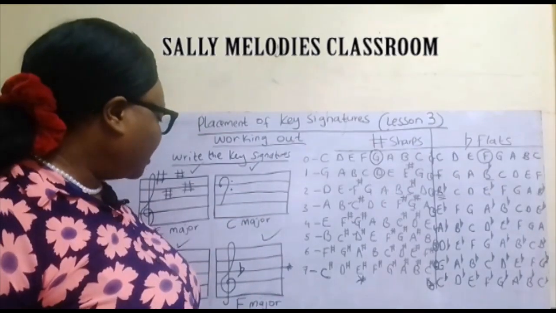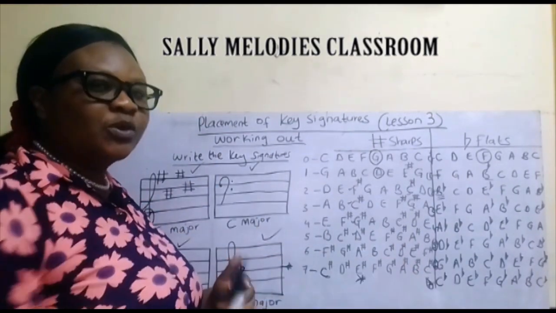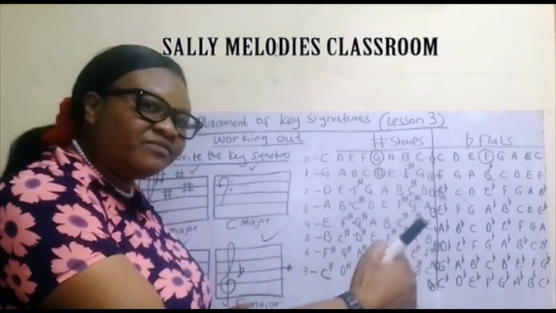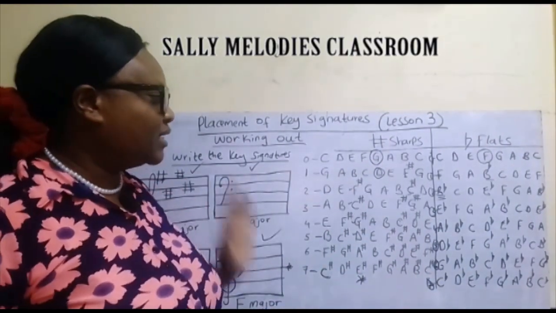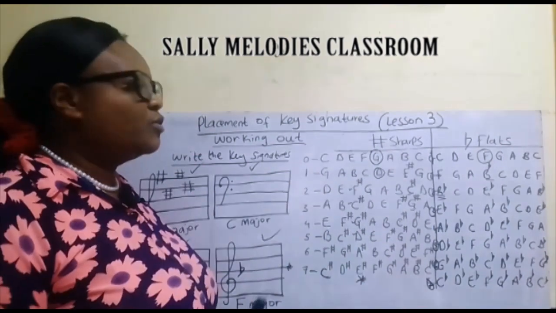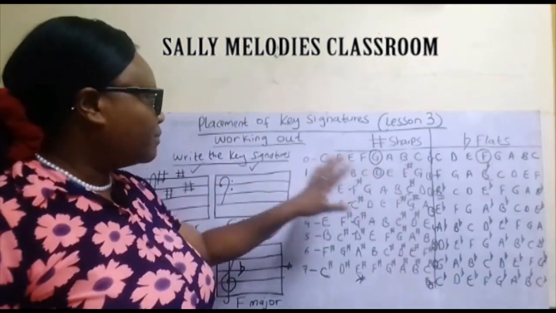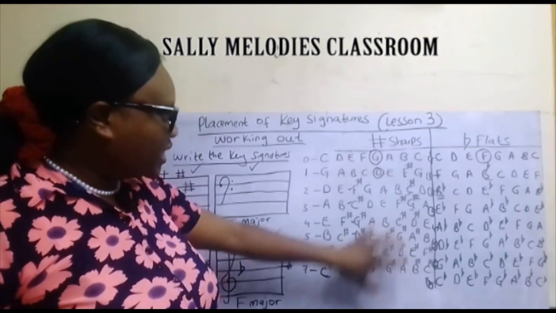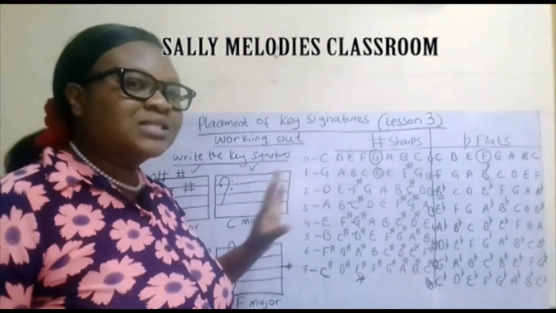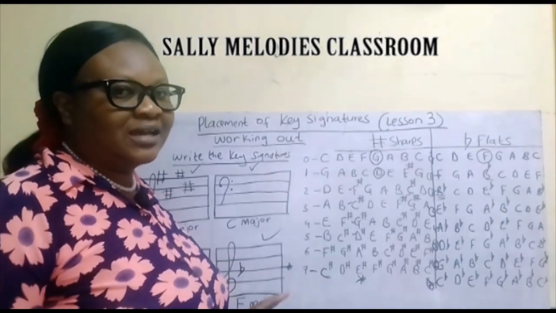And then you are going to relate. You are going to give it a relative minor. And then we are going to write those relative minors on that side, and we see how they relate. Remember we said each and every major key has got a relative minor.